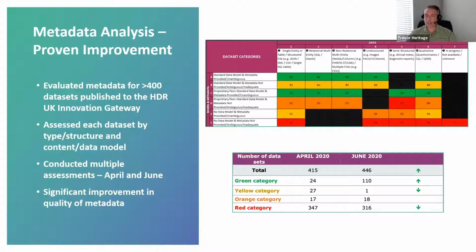And 60% of them remained in the poorly defined category. So overall, what this showed is that the effort put into the metadata in that 3-month time frame resulted in some very significant improvement in the quality and utility of those data sets. Still a way to go, but definitely moving in the right direction.